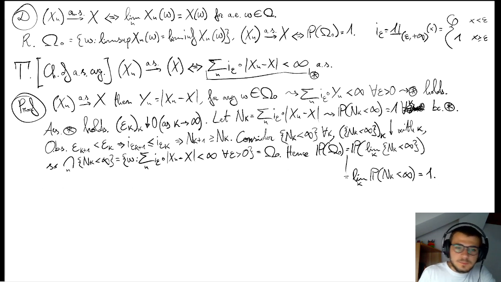Therefore, for any omega in Omega 0, Xn(omega) converges pointwise, or outcome-wise, let's say, to X(omega). QED.